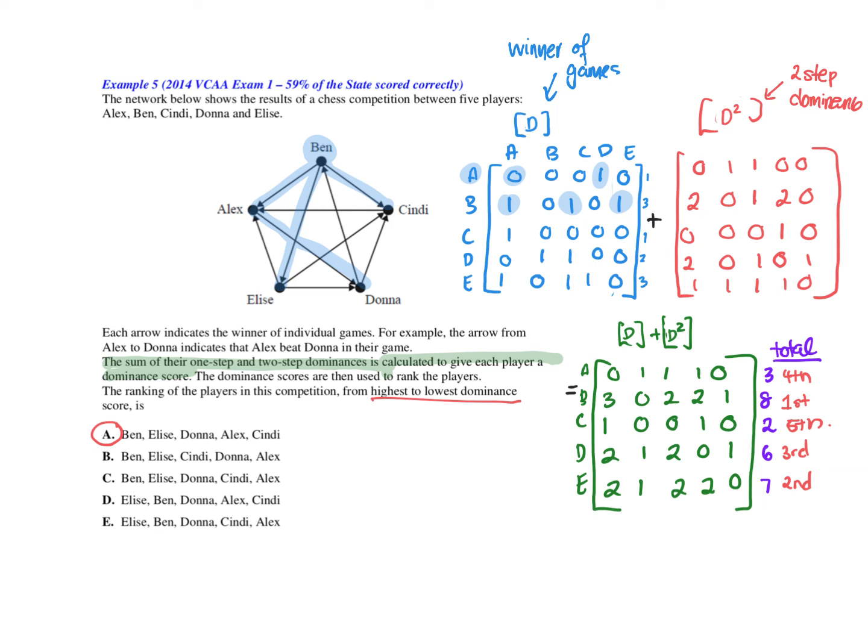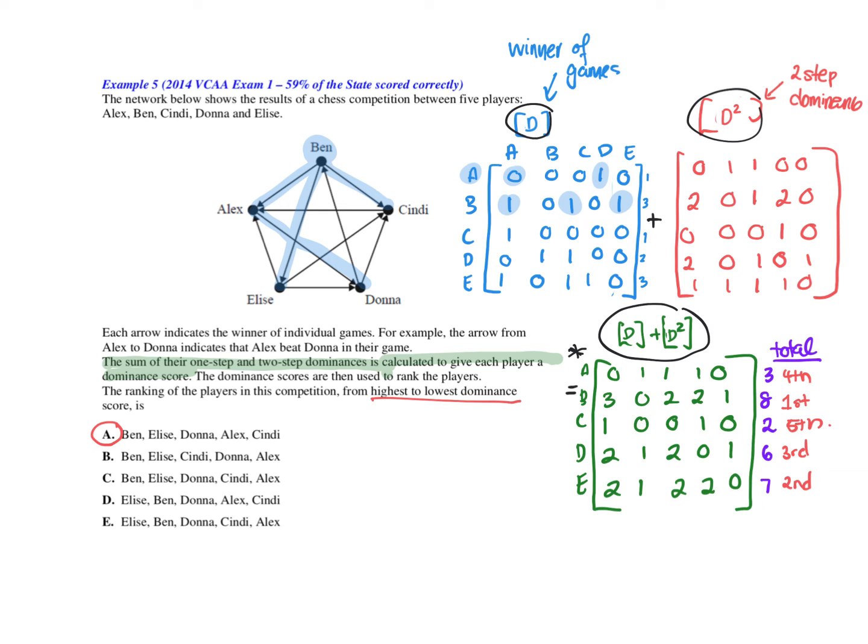We've raised it to the power of 2, and we get this red. If you do it on your calculator, you'll get this dominance. They've said to get outright dominance, they want you to add these 2 matrices together. So I've added them together, and down here in the green is the answer to that.